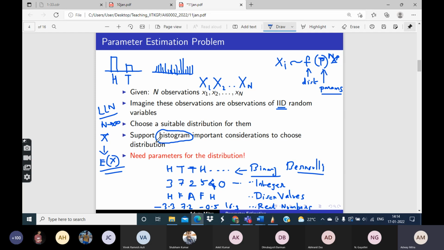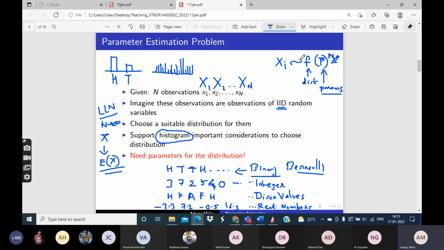So assuming that we have enough data, and we construct the histogram of our observations, we have to find such a distribution whose PMF or PDF resembles that histogram. So based on the support set and based on the histogram, we will be able to decide what distribution we should use. That is what this F should be.